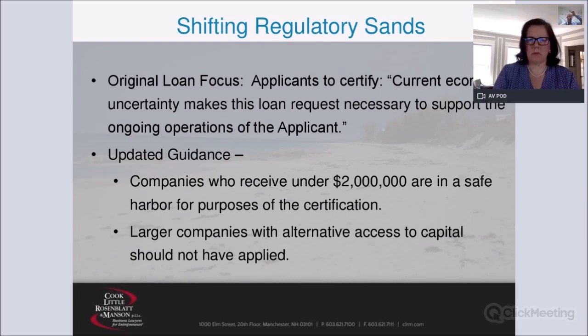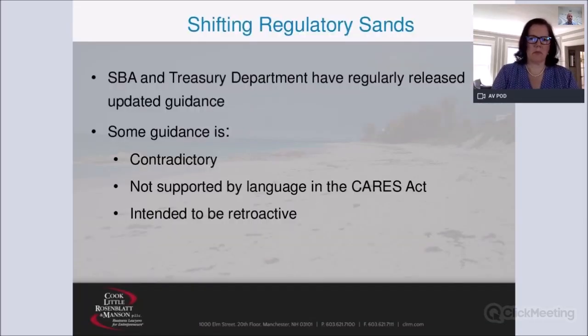So you're in a safe harbor if you received under $2 million, and won't be subject to audit on that question unless there's some clear evidence that for whatever reason you weren't actually in need of the loan.